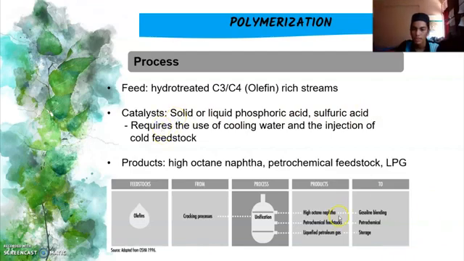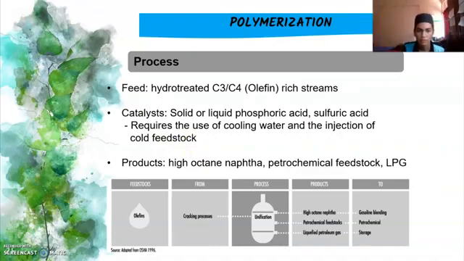Since we use an acid catalyst, we require the use of cooling water and the injection of cool feedstock, because we know the acid will cause corrosion of the equipment in the refinery. That's why we use cooling water and cool feedstock.